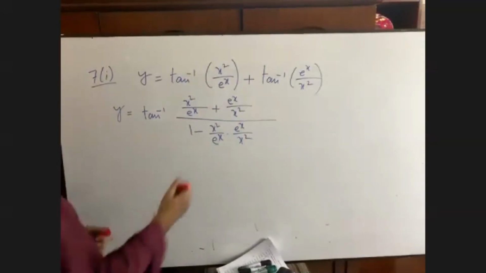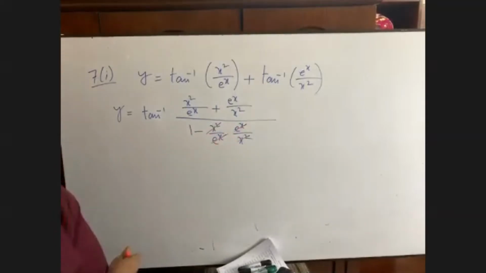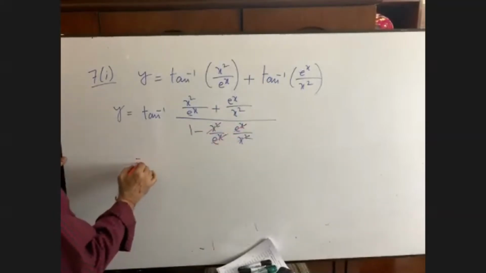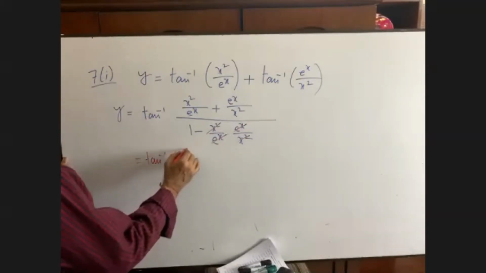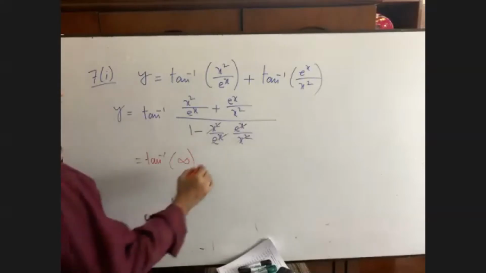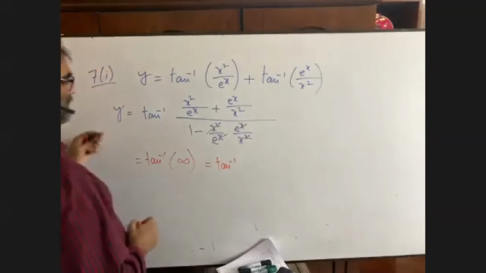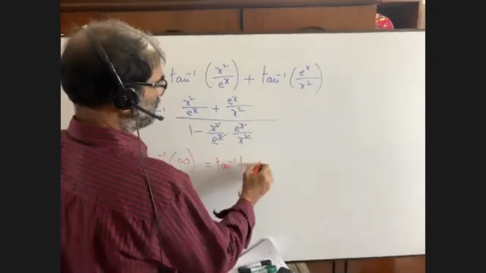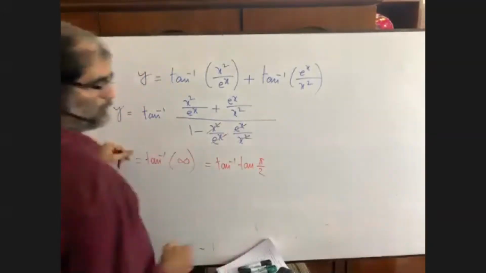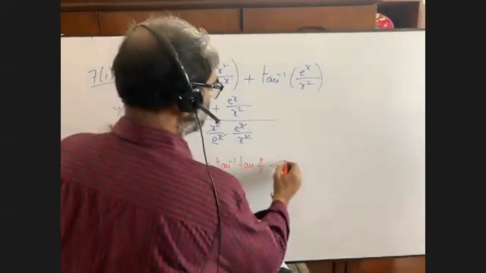So what are you getting here? It is 0. 1 minus 1 is 0. That is, it is infinity. So what is meant by infinity? Let me know. Tan inverse tan 90, pi by 2. That means only pi by 2.